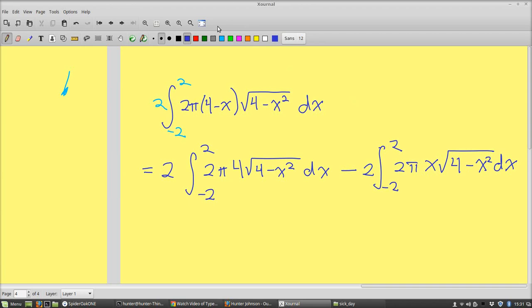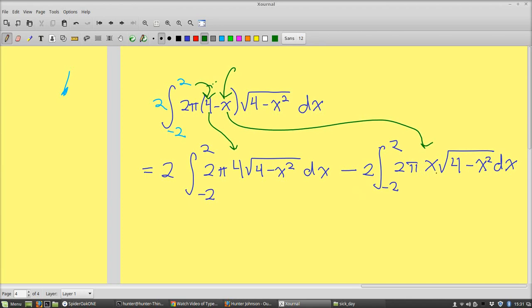Okay, so what did I just do? I just broke this integral into 2 parts by multiplying everything in to these. So the 4 made this integral, and the x made this other integral.